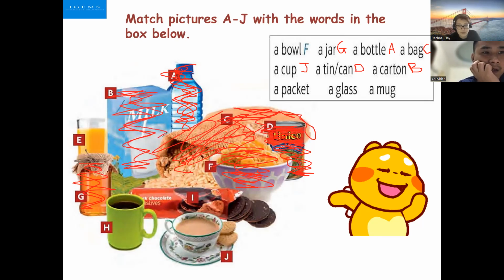I. Where is a glass? E. And where is a mug? H. Very good. So let's see: G, A, C, J, D, B, I, E, H. Good.